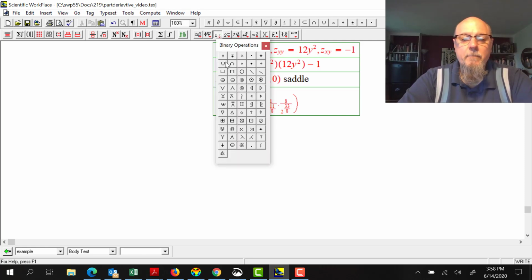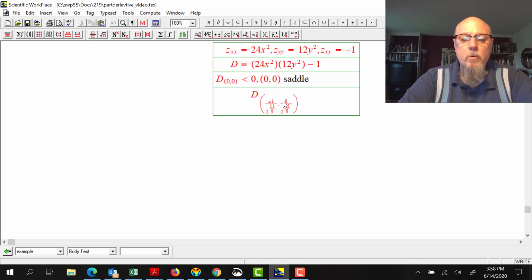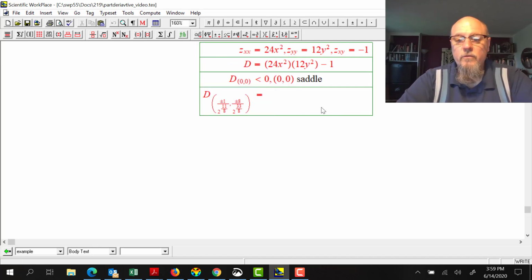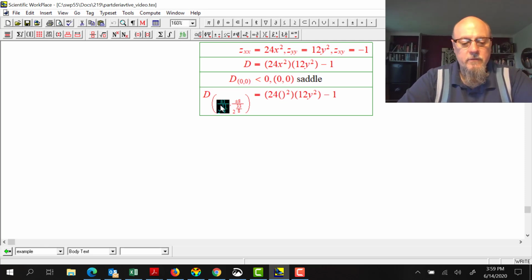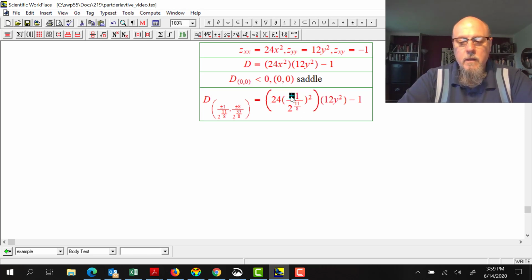So I'm going to plug them both in at the same time. The x value is this, and when I square it, it's going to be positive, and the y value is this.